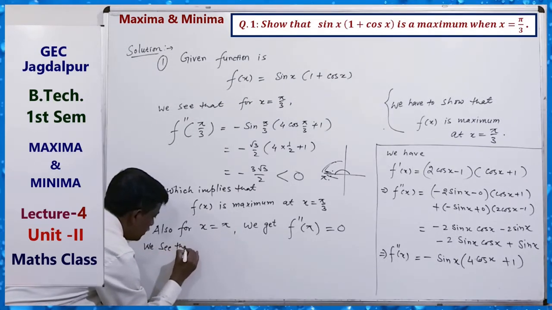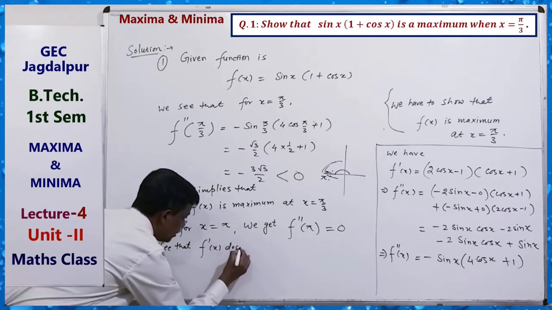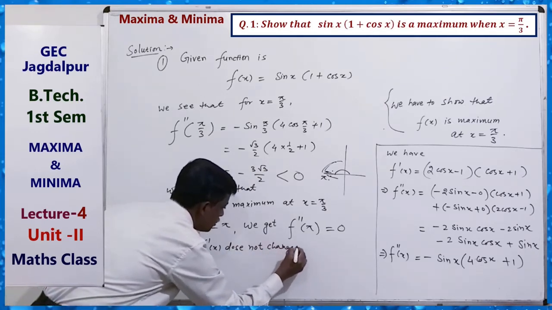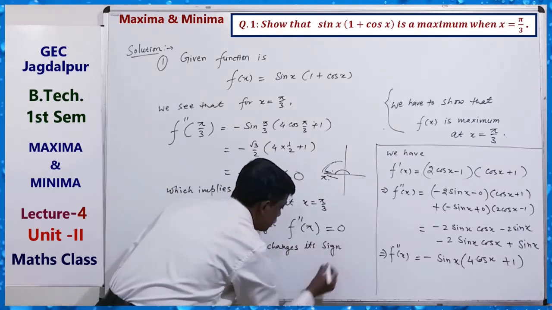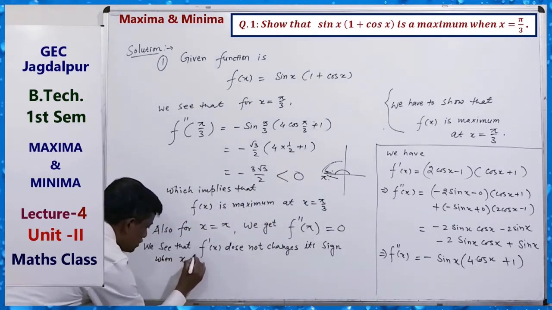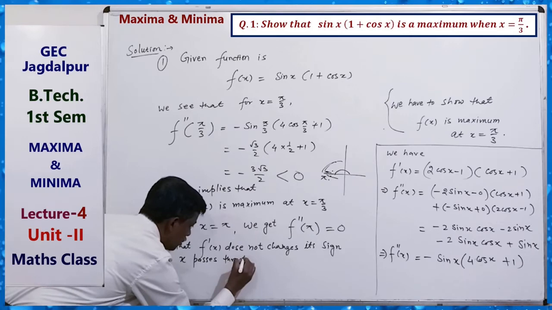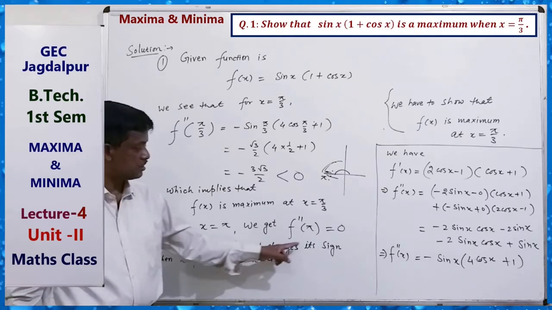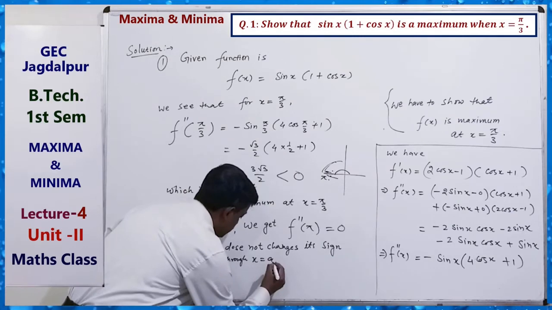We see that f dash x does not change its sign when x passes through x equals a. We see that f dash x does not change its sign when x passes through x equal to a.